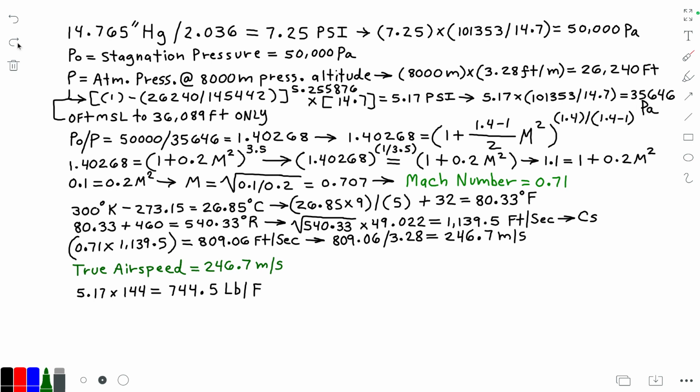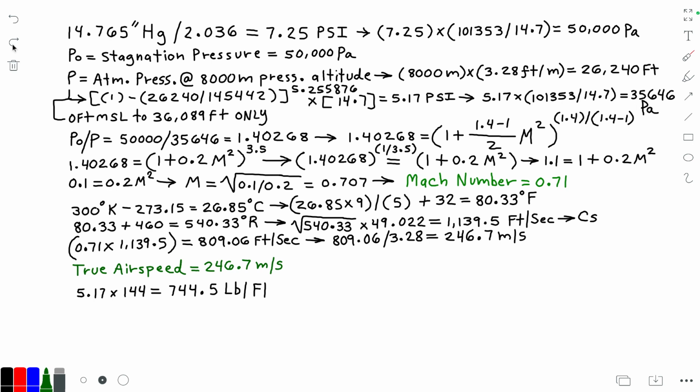So we can take the 5.17 pounds per square inch atmospheric pressure and multiply that times 144 square inches to a square foot. So we have to convert it to pounds per square foot, sorry. And so we still have a pressure value, but it's pounds per square foot.